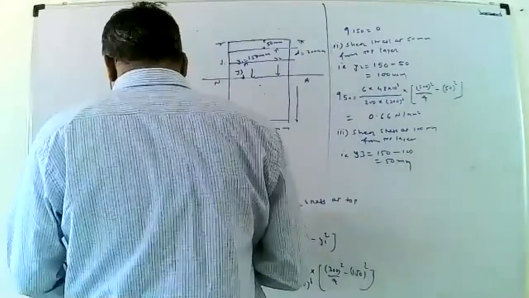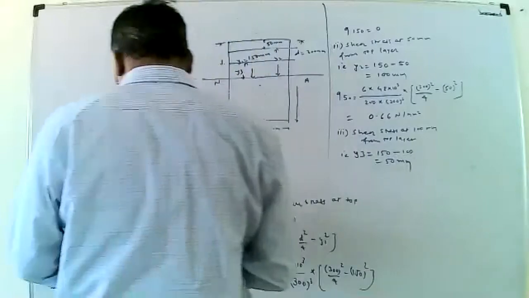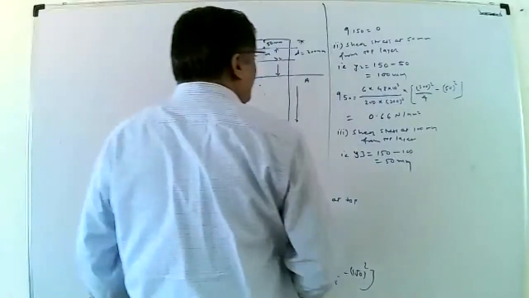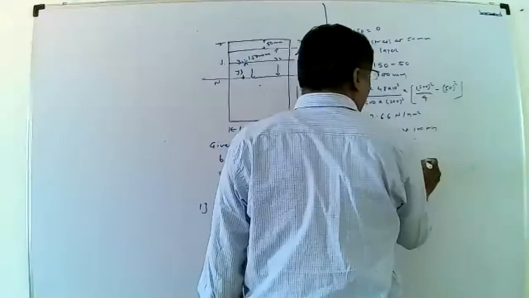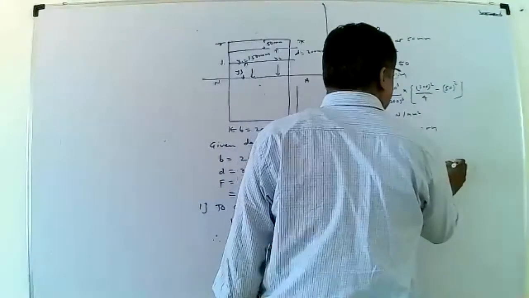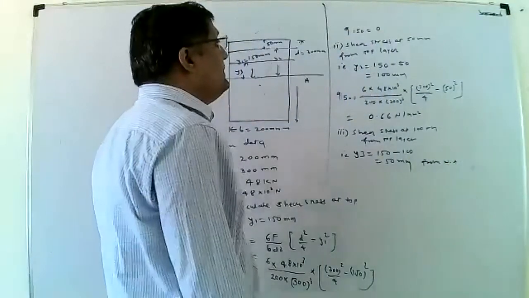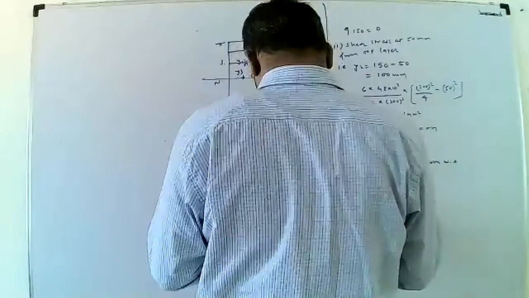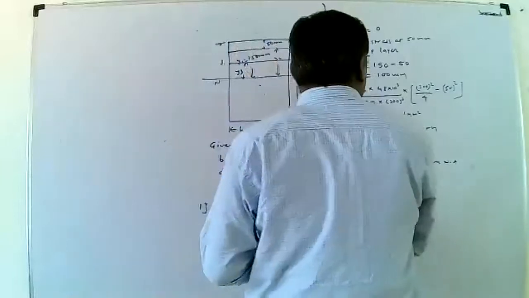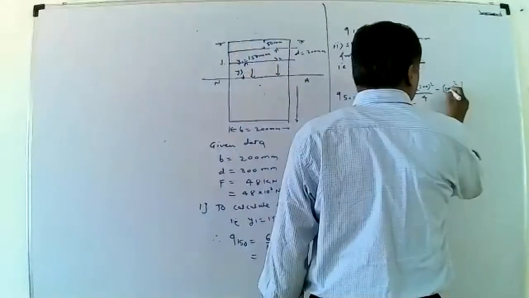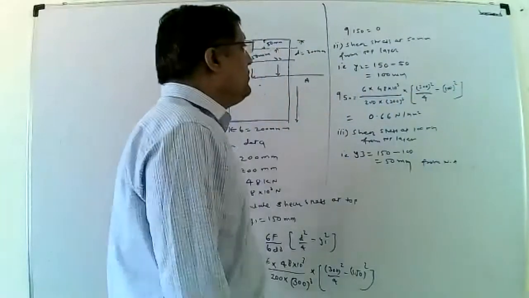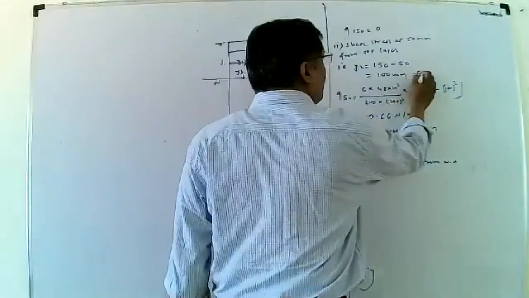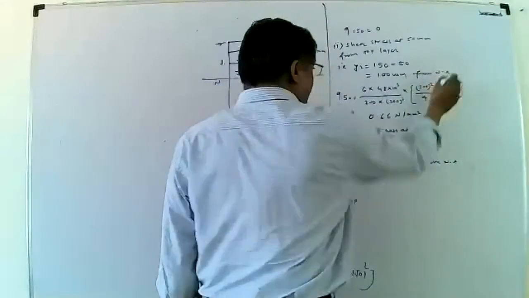Means that here is the total axis, this value from the neutral axis, that is 50 mm. Sorry, here 100, because this is 100 mm from the top layer, and the remaining value is from the neutral axis.